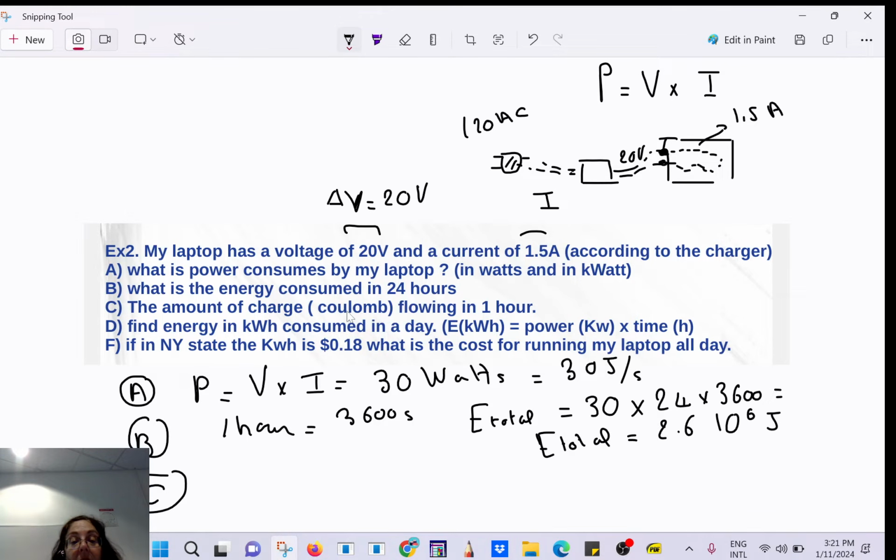So the amount of charge flowing in 1 hour. The current here is 1.5 amps, which means 1.5 coulombs per second, right?